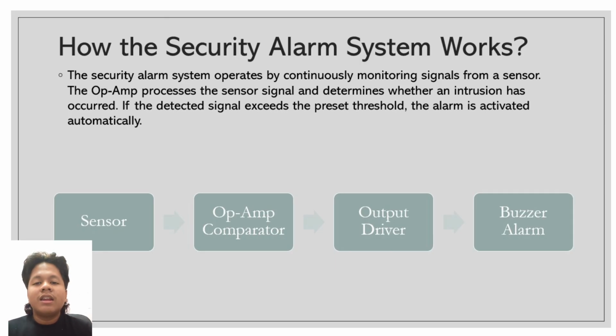If the sensor signal exceeds the preset threshold, the OP-AMP generates an output signal that activates the alarm. This process occurs almost instantly, allowing the system to respond quickly and effectively to potential threats.